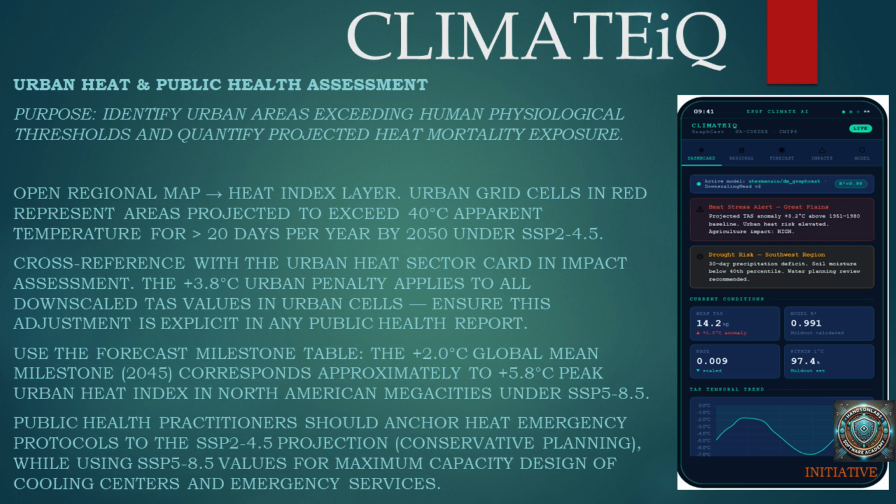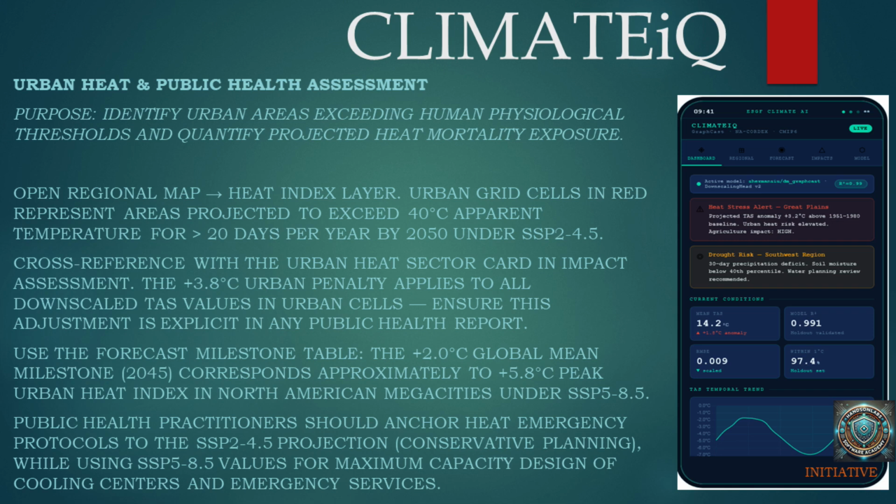The 3.8 degrees Celsius urban penalty applies to all downscaled task values in urban cells. Ensure this adjustment is explicit in any public health report. Use the forecast milestone table: the 2.0 degrees Celsius global mean milestone in 2045 corresponds approximately to a plus 5.8 degrees Celsius peak urban heat index in North American megacities under SSP 5-8.5.